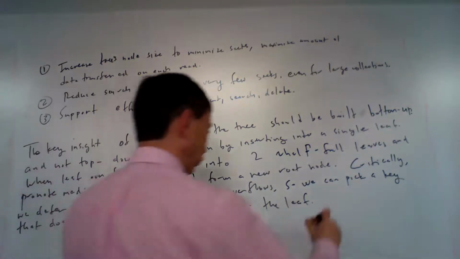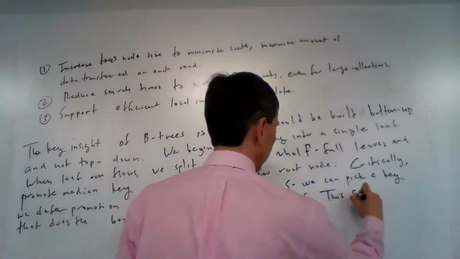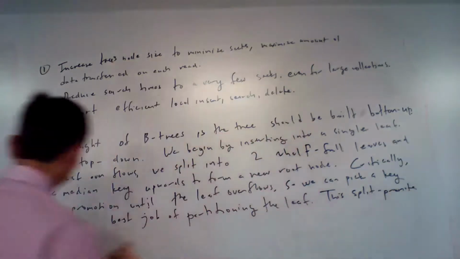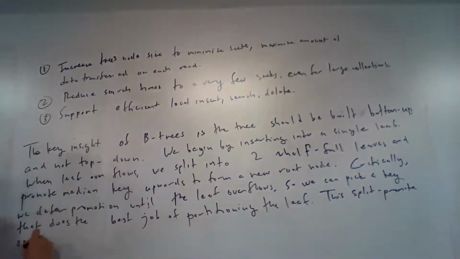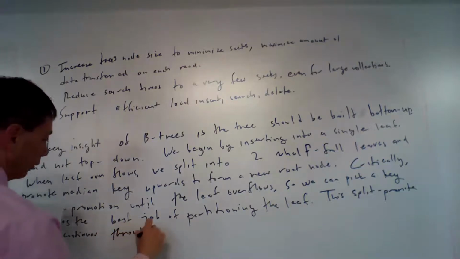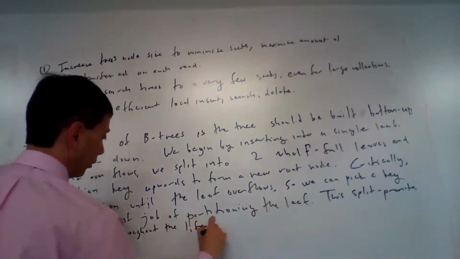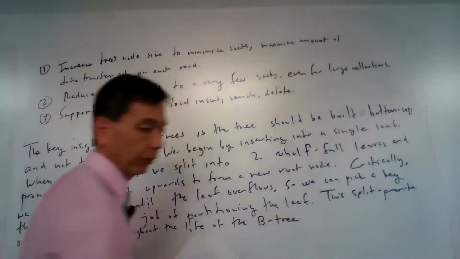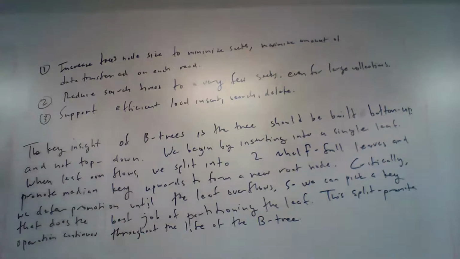And this split promote operation continues throughout the life of the B tree. What I'm describing here is basically the insertion algorithm for the B tree. This is how you build it. Okay.